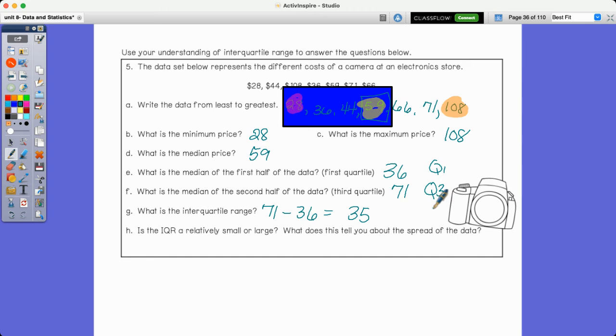Now, is this IQR large or small? In this case, 35, I don't think that's relatively that big. So your IQR is $35, which is the middle 50% of the data.